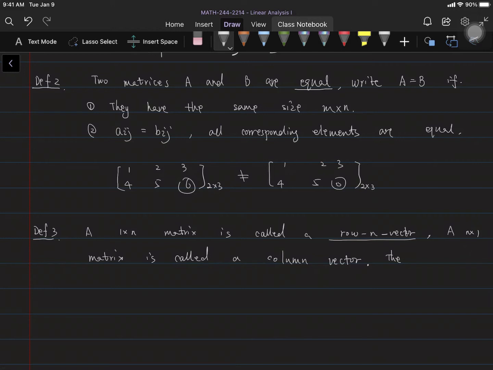Row vector and column vector. Doesn't matter, you can just say column vector.